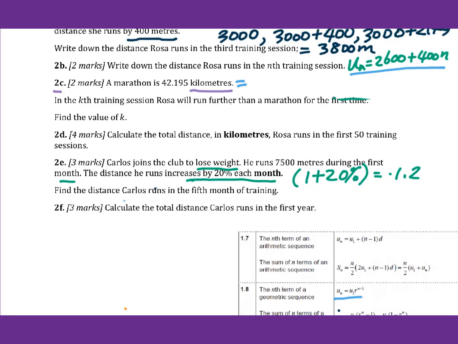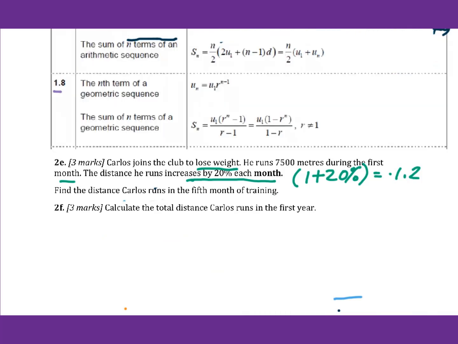Go to 2F, calculate the total distance Carlos runs in the first year. Since r equals 1.2 is greater than 0, we use this formula to get S sub 12. Every single n changes into 12.